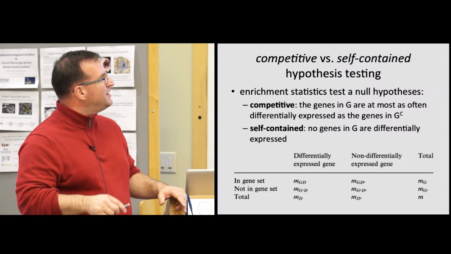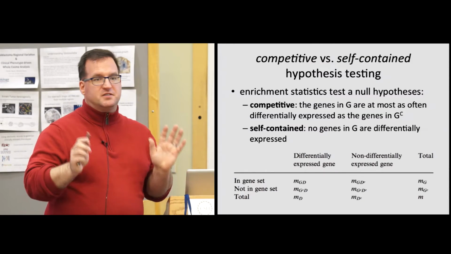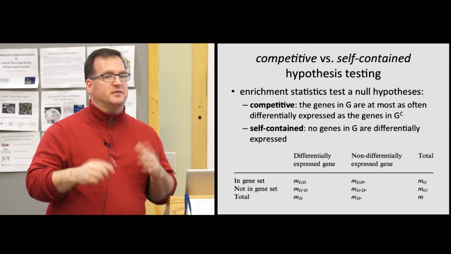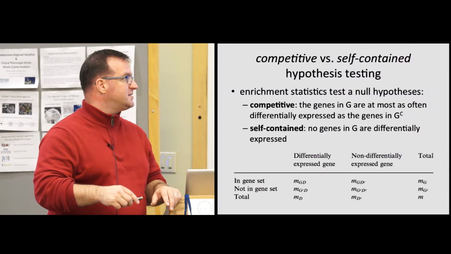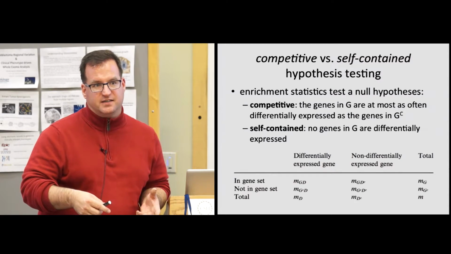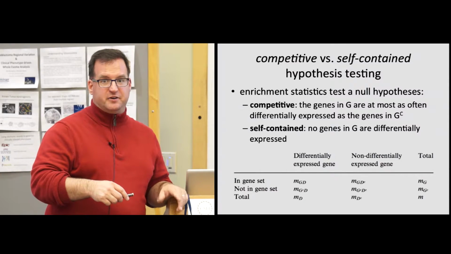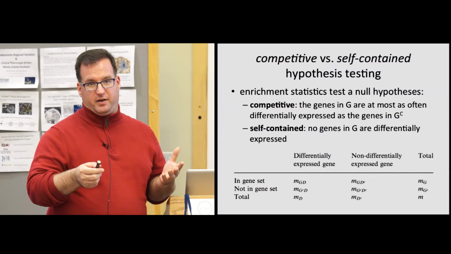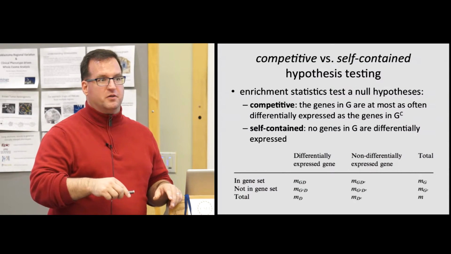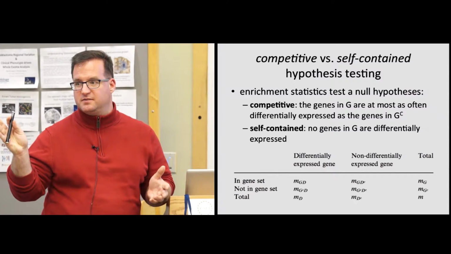So that means it's competitive. We're competing. So if there are thousands of genes that are differentially expressed, and lots of differentially expressed genes that are outside of your gene set, you can have a lot of differential expression in your gene set, and now it's not significant anymore because you've had to compete with all those other differentially expressed genes that are doing something else somewhere else.